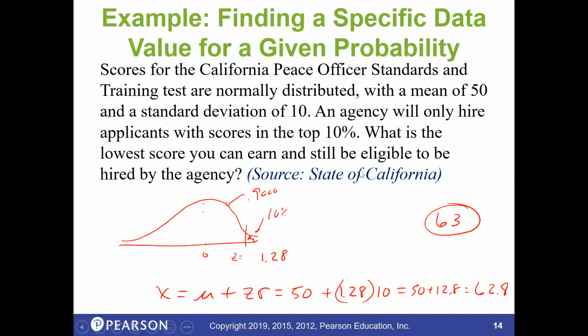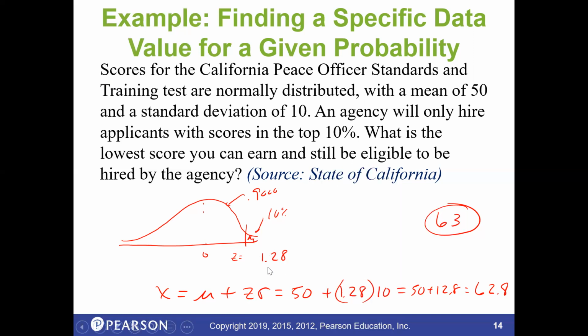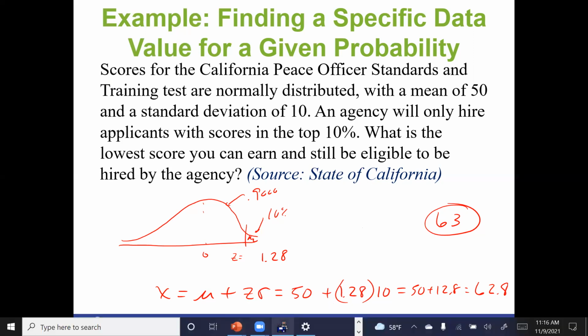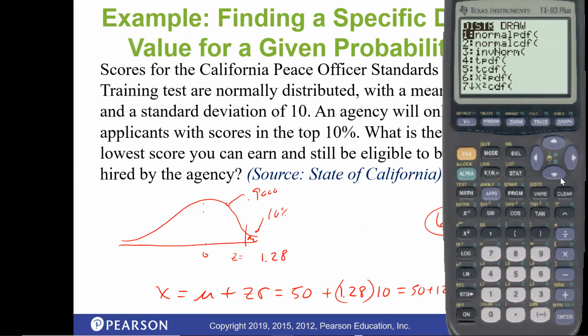All right, just because I like you guys, I will give you the quick way of doing it. Notice what we did is we looked at our calculator, we found the z-score, and then we had this little formula to give us the answer. But each time you put this into the calculator, you have to say what your mu is and what your standard deviation is. Hold on, let's back up. Let's put this in again. I'm going to go to distribution, do it with me here.